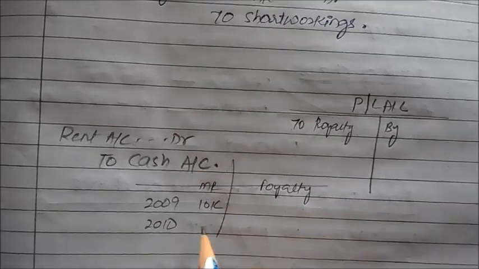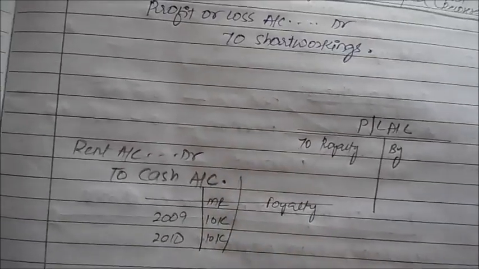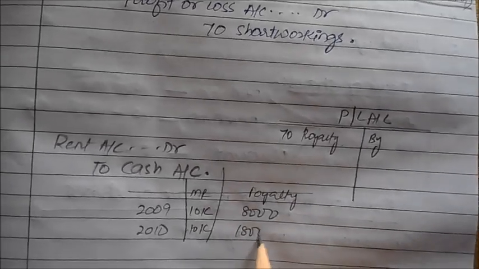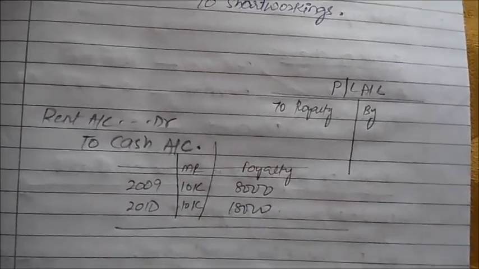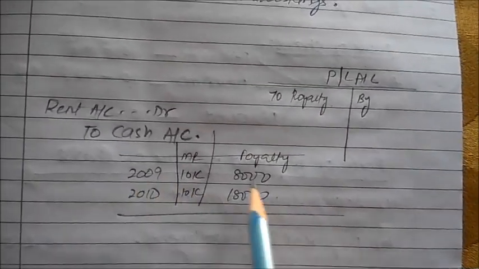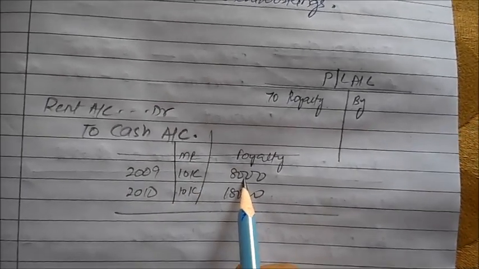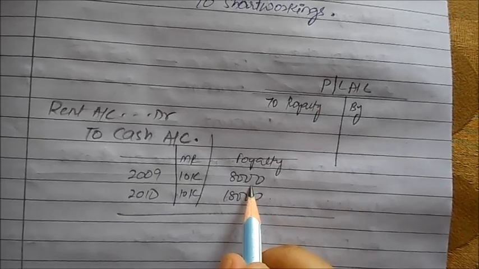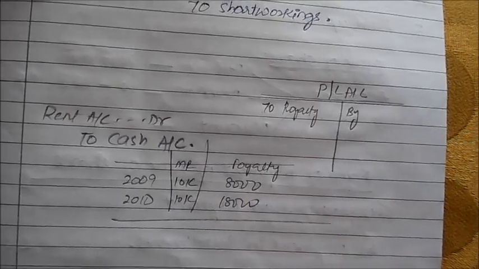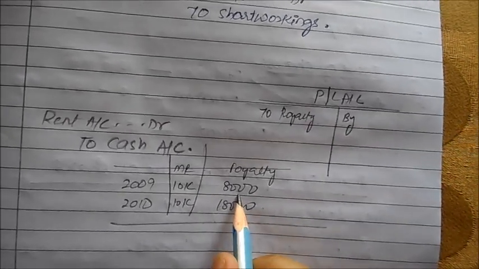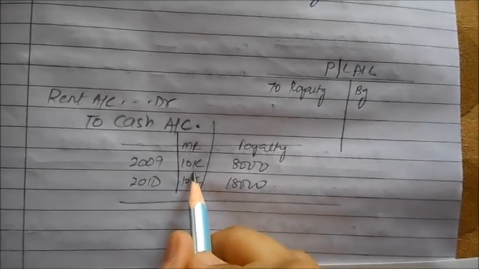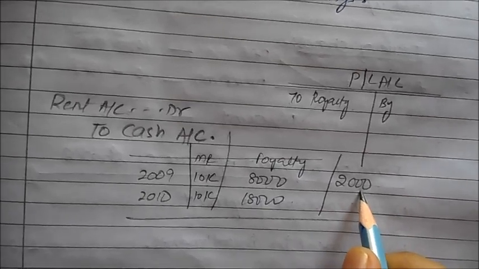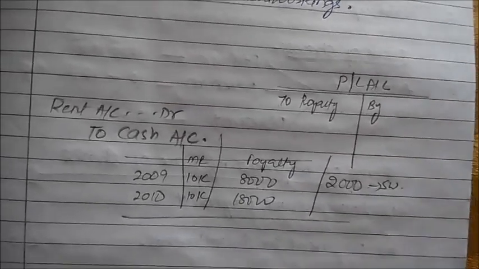The minimum rent was 10,000 in both the years. We will take the scenario. In the year 2009, after the production was done, after I sold the books, what was I actually expected to pay to the owner of the asset? 8,000. But according to the contract, I had to pay him 10,000. So 2,000 I paid extra. This will be called my short working.